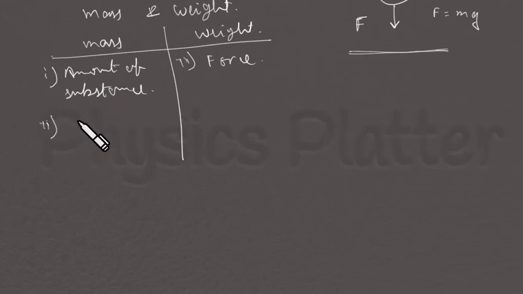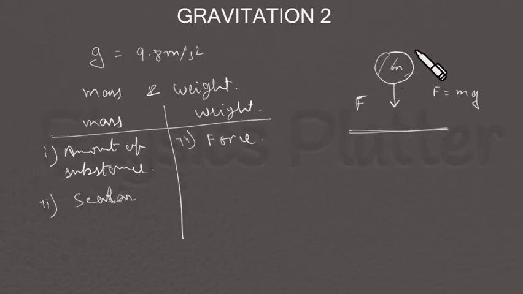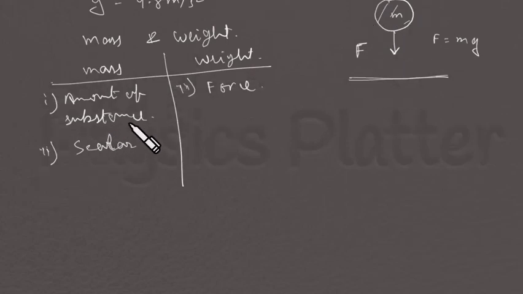Secondly, mass is a scalar quantity, because mass is simply m. It's simply the amount of substance, so it doesn't have any direction, it has only magnitude, whereas the weight is a vector quantity.